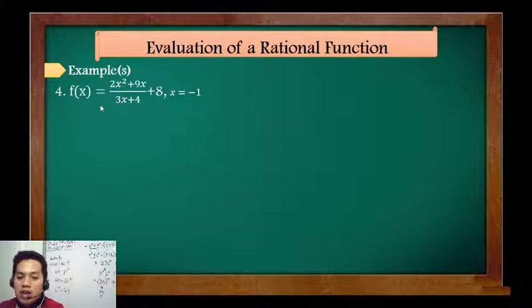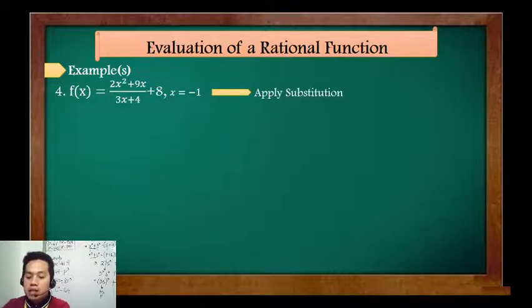Okay? Given by the function f of x is equal to 2x to the power of 2 plus 9x over 3x plus 4 plus 8. Now, let us evaluate the given function given the value of our x which is equal to negative 1. Okay? Una natong buhaton, we need to apply substitution. Okay?